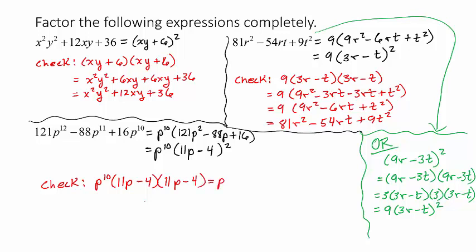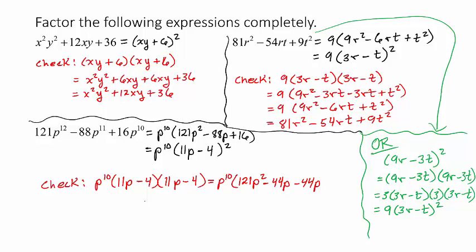All right, so I'm going to leave p to the 10th alone, and I'm going to FOIL. 11p times 11p is 121p squared, right? 11p times negative 4 is negative 44p. Negative 4 times 11p is minus 44p.